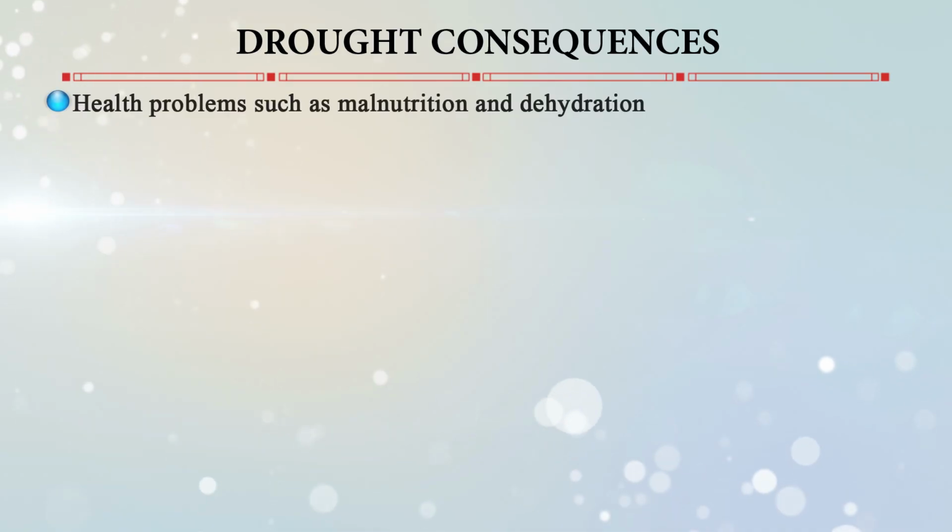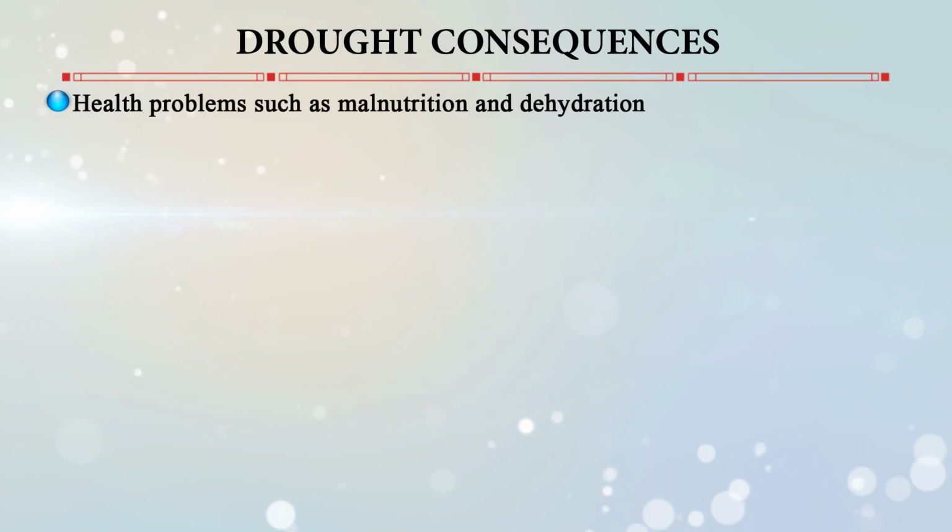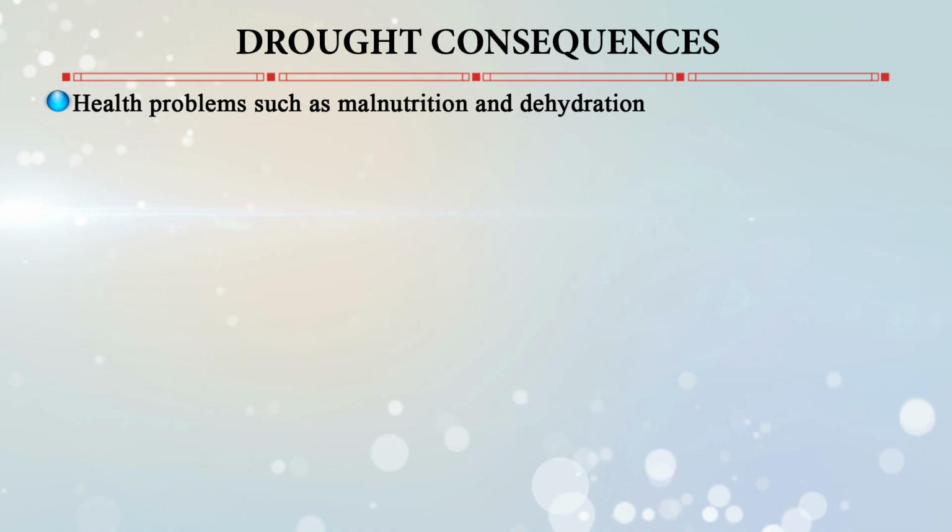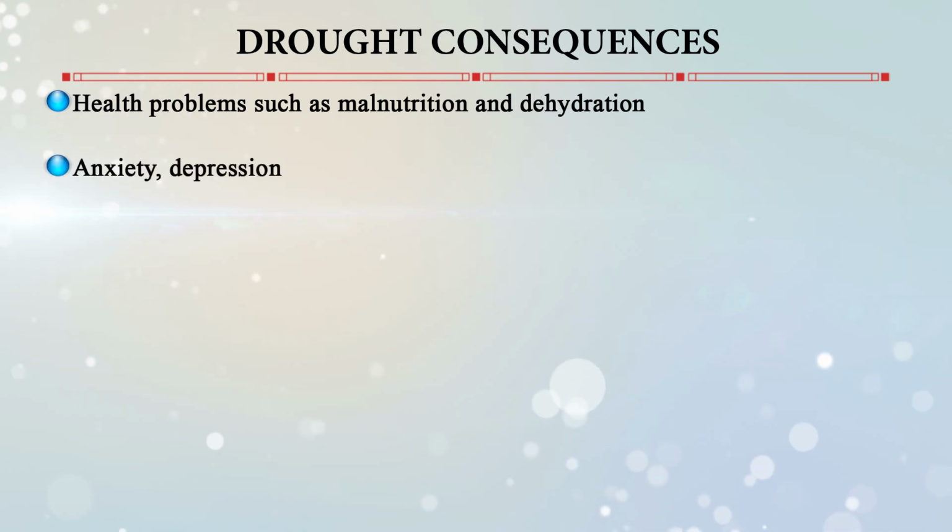Often there have also been reports in the media where farmers commit suicide because of extended periods of drought, and there is no water availability, there is less precipitation, and they are not able to carry on their agricultural activities. Certain other consequences of drought include health problems such as malnutrition and dehydration, anxiety, depression.